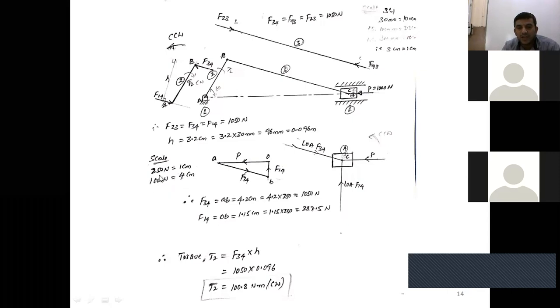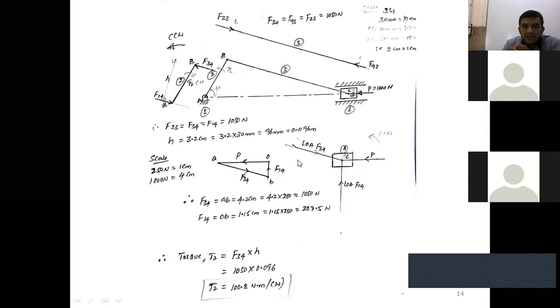The force P is 1000 Newton. 1000 divided by 250 gives 4 centimeter. On the horizontal line, measure 4 centimeter, that is OA. The length of the line OA shows the magnitude of the external applied force. The arrow mark shows the direction.